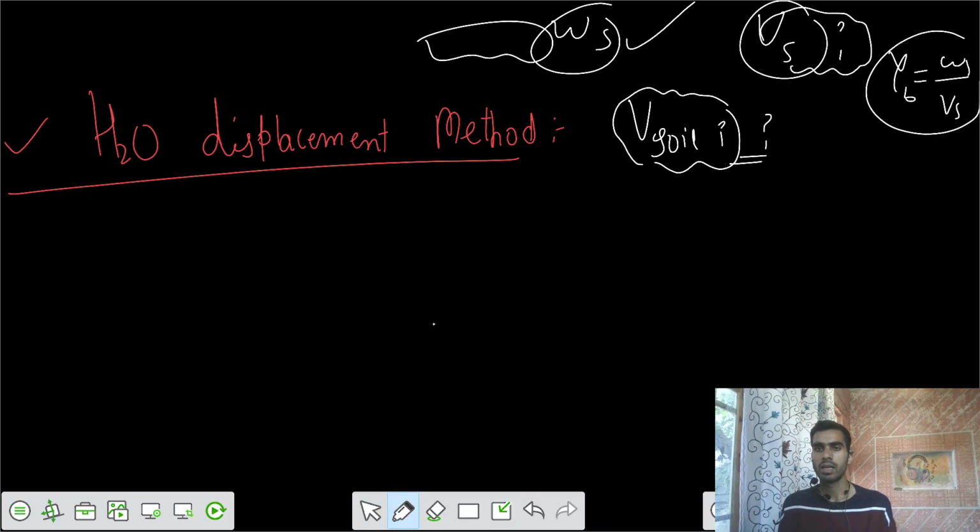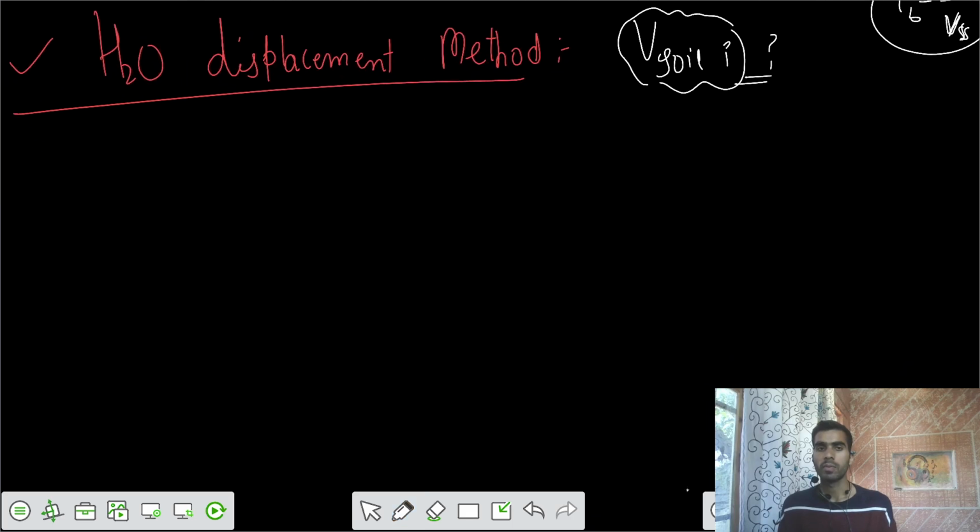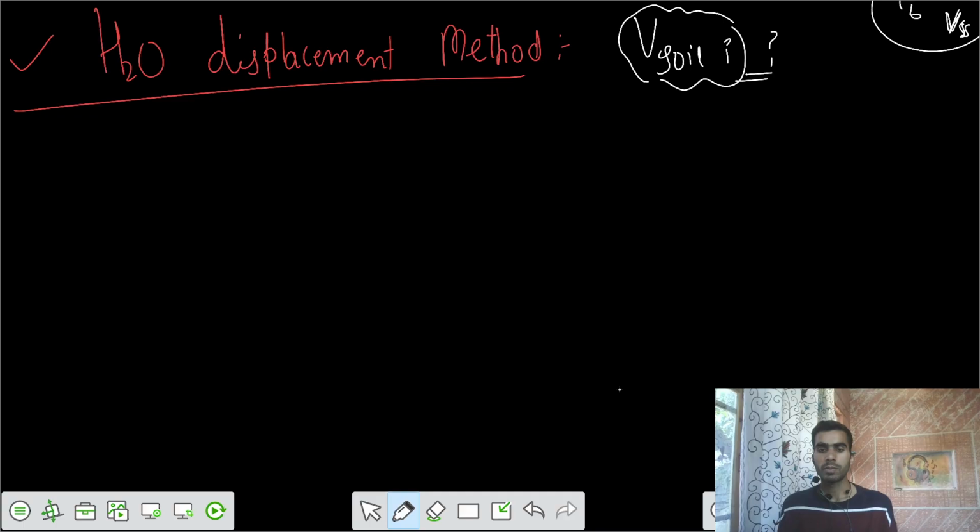Once you get the volume of soil, it's easy to calculate the bulk unit weight, because the weight of solids is easy to calculate. You take the sample, place it on the weighing machine, and that gives you the weight of solids. That's easy. But the volume of soil is the important one to calculate. So the second method here is the water displacement method.